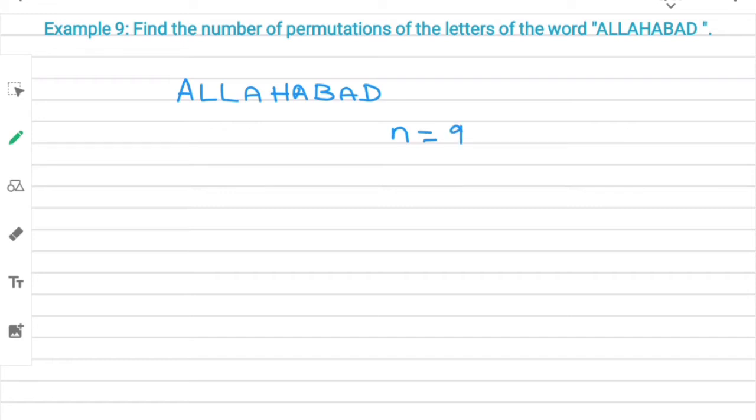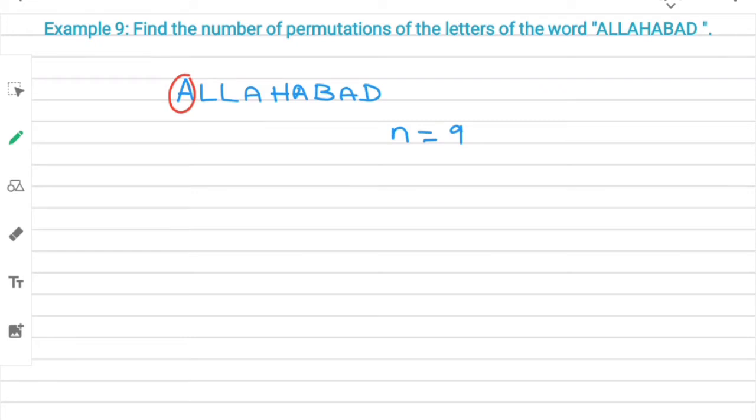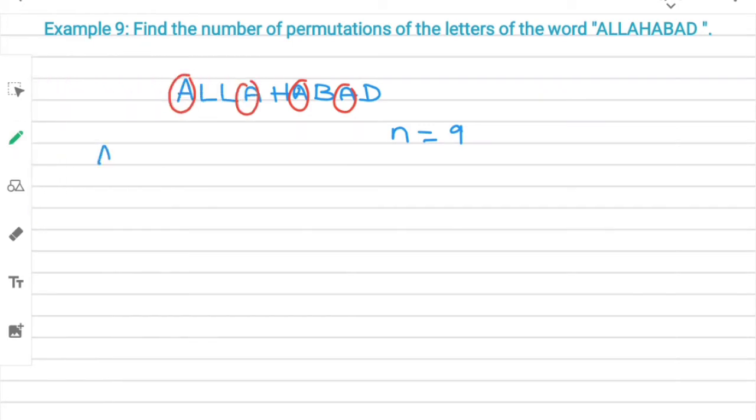How many letters are repeated again and again? I can see the letter A: 1, 2, 3, 4. That means A is repeated 4 times.